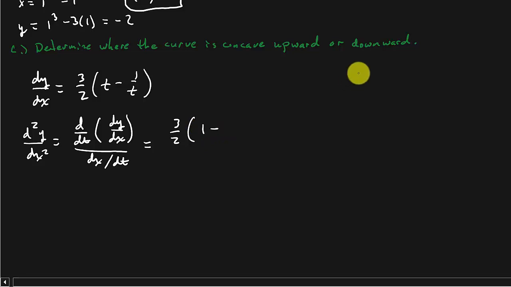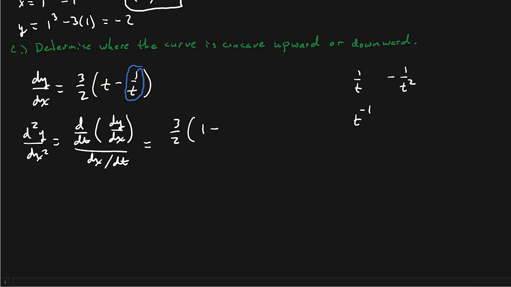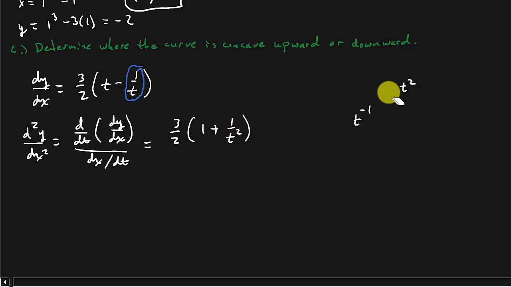Well, the derivative of 1 over t is -1 over t squared. You can verify that: 1 over t is t to the -1, then you just use the power rule. So the negative and the negative make a positive, so plus 1 over t squared.